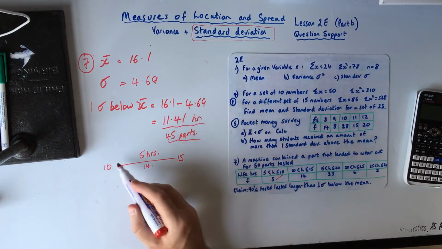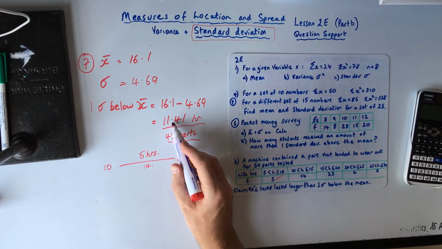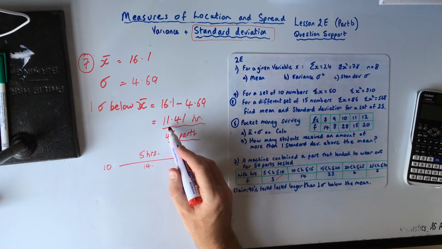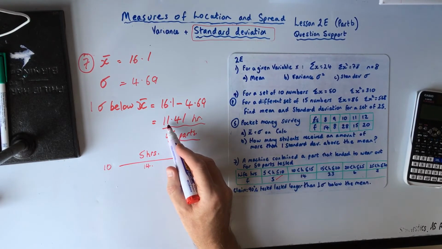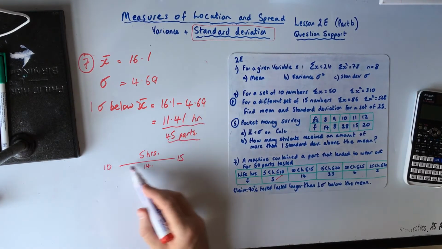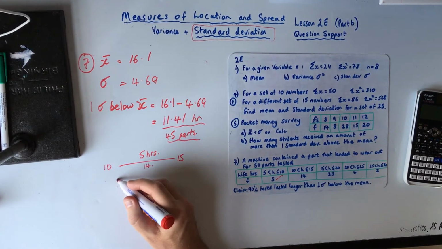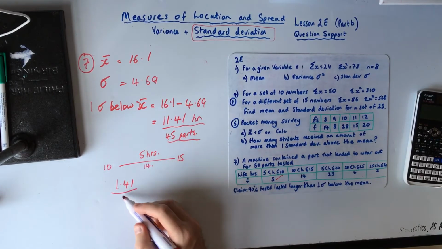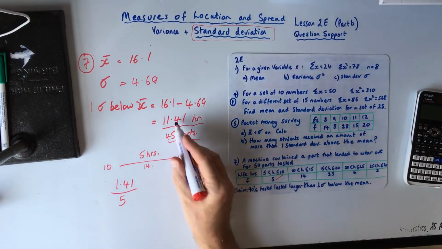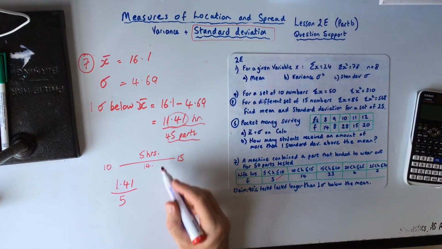So this is 11 hours, 0.41 hours. It's not 41 minutes. It's 1.41 hours into this group, isn't it? So it's 1.41 out of 5 hours. That's what fraction it's into the group, this bit here.